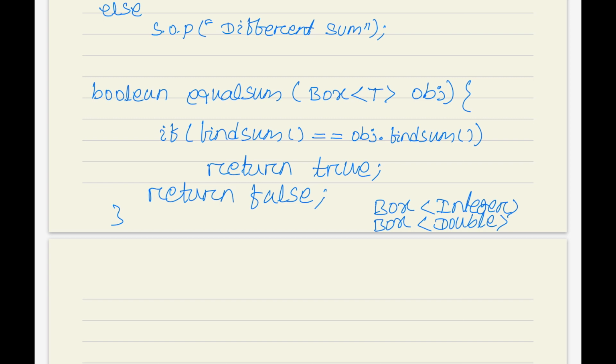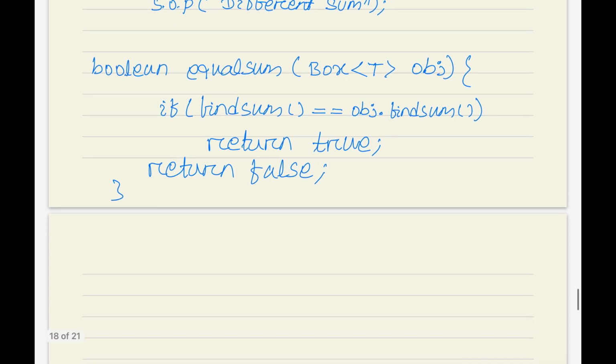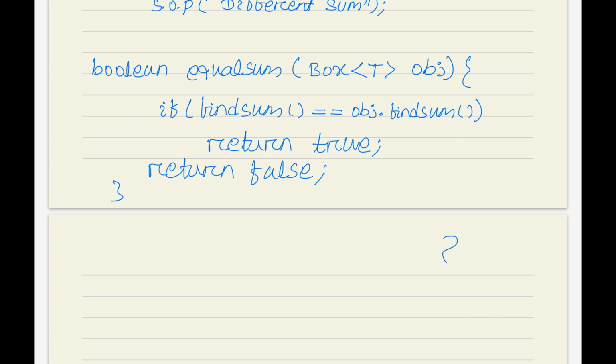To create a generic equal sum method, we need to use the wildcard argument feature of Java generics. So what is the wildcard generic feature? Like we have discussed, when there is no relation between Raju and Rani, we simply denote that using the question mark.